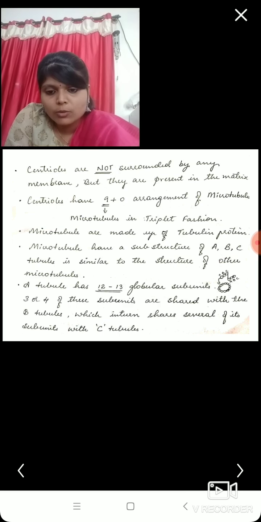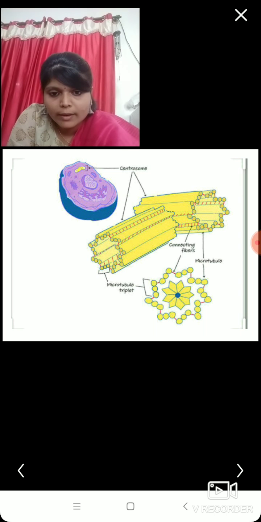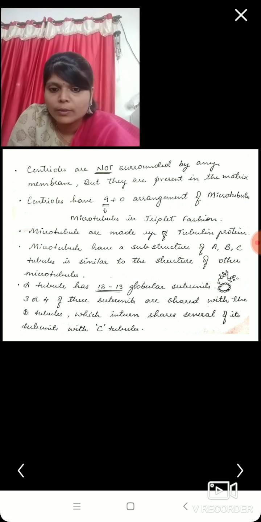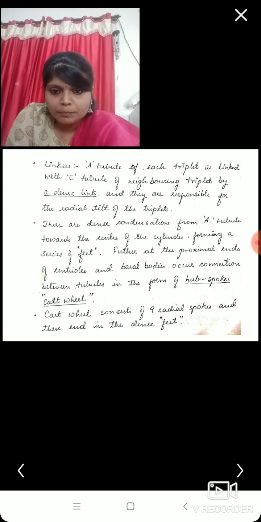If they have to be together, a few of those globular proteins are shared with each other so that they can interact with one another.